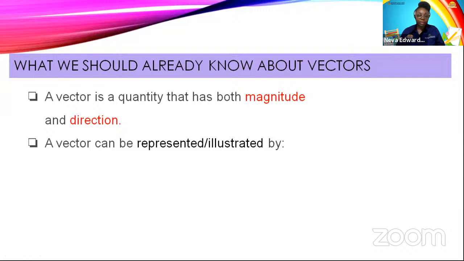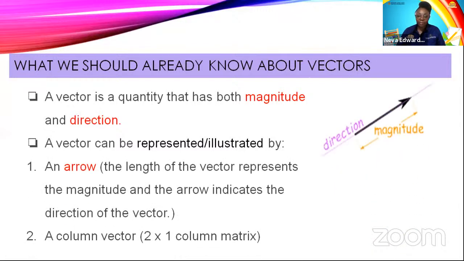So Camille, did you know that a vector can be represented or illustrated by an arrow diagram or by a column vector, which is what sometimes we'll call the column matrix, but we're going to be sticking with column vector. Well, based on what we looked at with Marsha just now, and these are facts that we should already know, or rather are reminding ourselves of, vectors can be represented using an arrow.